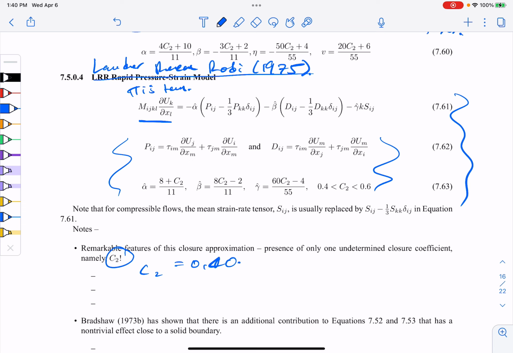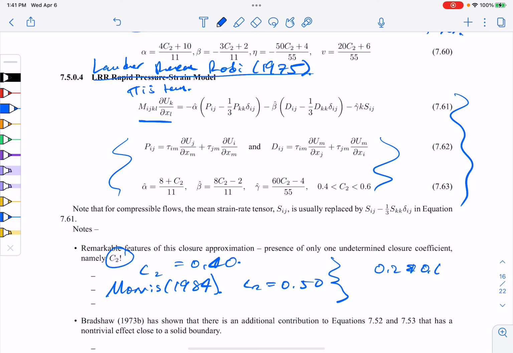And the model is revisited about a decade later by Morris, 1984, and he looked at values of C2 of 0.50. And you can see a lot of authors have prescribed a lot of different values, in ranges saying it could be anywhere between, say, 0.2 and 0.6. So if I only have one closure coefficient, it's hard to find particularly excellent closures.